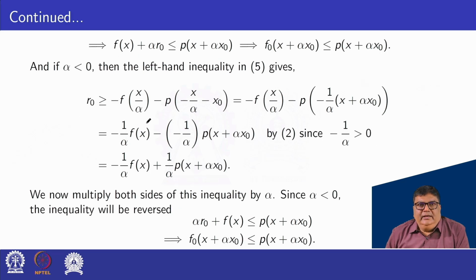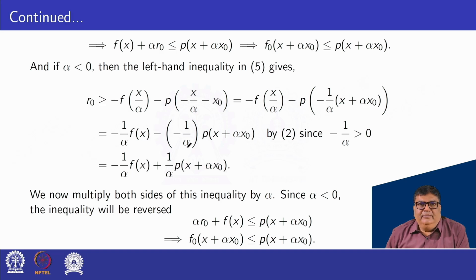Okay, this can be written as minus f of x by alpha minus p of minus 1 by alpha times x plus alpha x0. Okay, here we take common minus 1 by alpha. Clear? So here this can be written as minus 1 by alpha f of x, because f is linear.